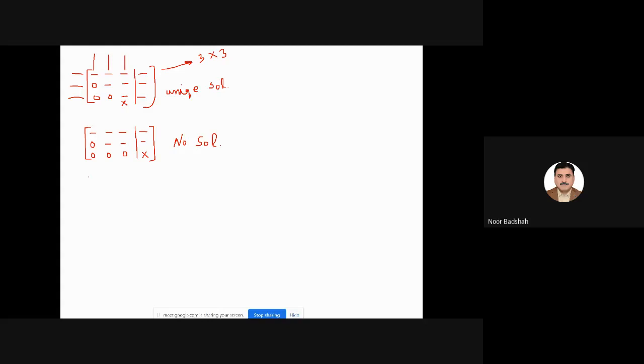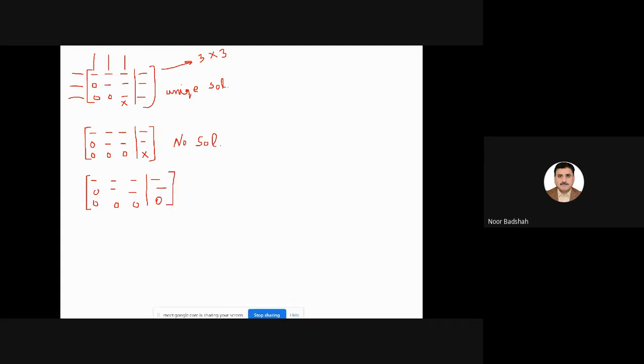Right? And if we have an augmented matrix of a system like this one, zero here, something, something, zero, zero, zero, and this quantity is also zero.